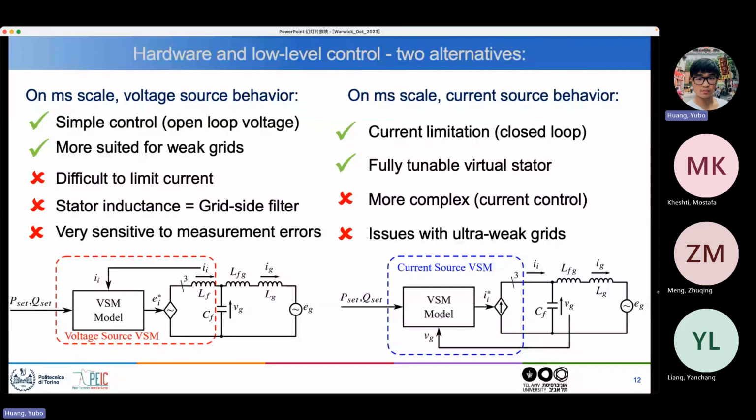So there are two reasons why we must go with the second option, the current source VSM. What do I mean by the equations not being stable? You have a system of 5 nonlinear equations which represent your generator connected to an infinite bus. Ideally, when you express it in suitable coordinates, you would like it to converge to an equilibrium. And it doesn't.